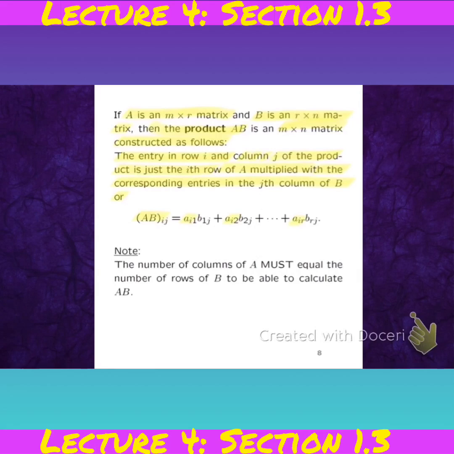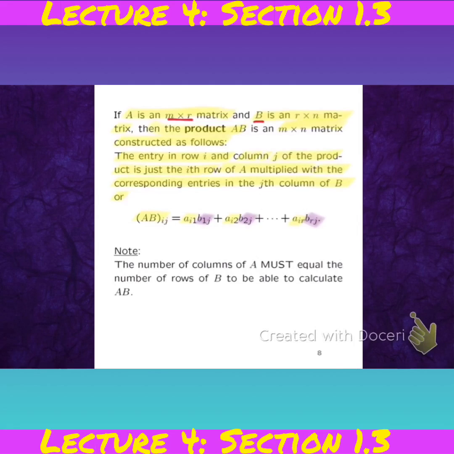And remember, the matrix A is an M by R matrix, so there's going to be R columns. So here each row has R components. Okay, so you're going to take that row and you're going to go to the jth column of B. The jth column of B is going to have these entries: the entry in the first row in the jth column, the entry in the second row in the jth column, and the entry in the rth row in the jth column.